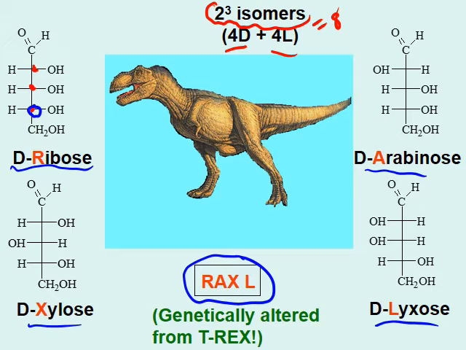So remember REXL: R for ribose, A for arabinose, X for xylose, L for lyxose. Now we're going to show you that you don't really need to memorize these configurations. You can predict the configuration. And that's what I'm going to show you in the next slide.